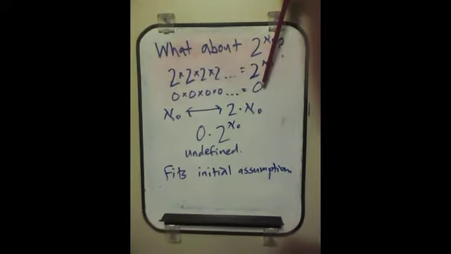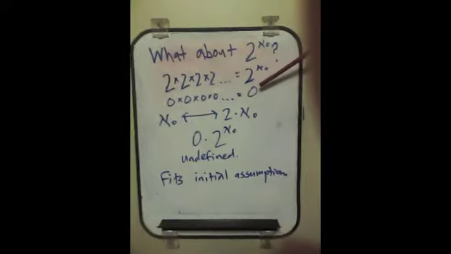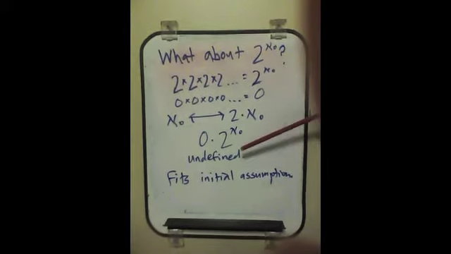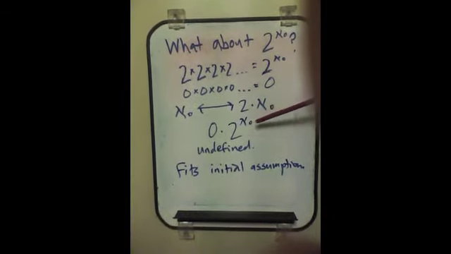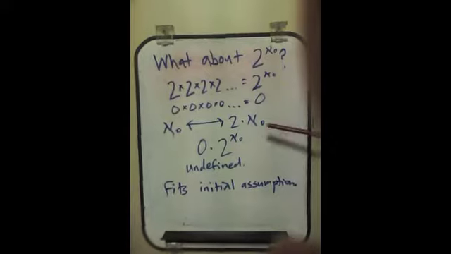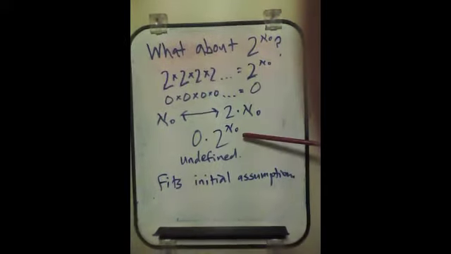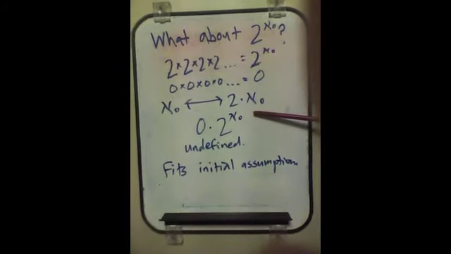So wait, either our 0 times 2 to the aleph naught is 2 to the aleph naught, or our 0 times 2 to the aleph naught is 0. Well, that's undefined. Okay, so there is no rational answer for 0 times 2 to the aleph naught. And so we don't have the same paradox that we would have with some level of infinity between aleph naught and c.